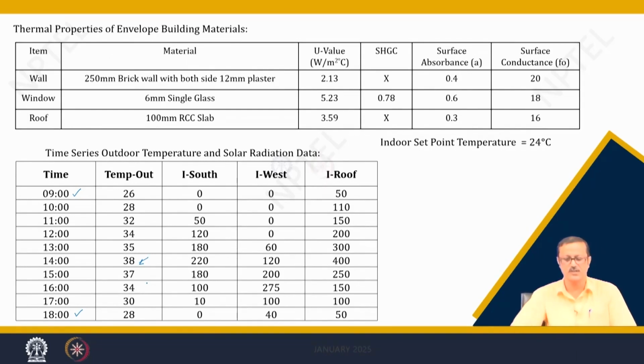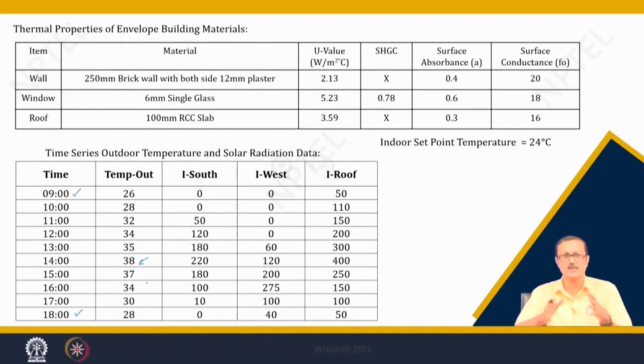I have mentioned the U value, the SHGC of the window, the surface absorption and the surface conductance. Those two data will be required for the solar air computation, and the indoor set point temperature is kept constant at 24 degrees.